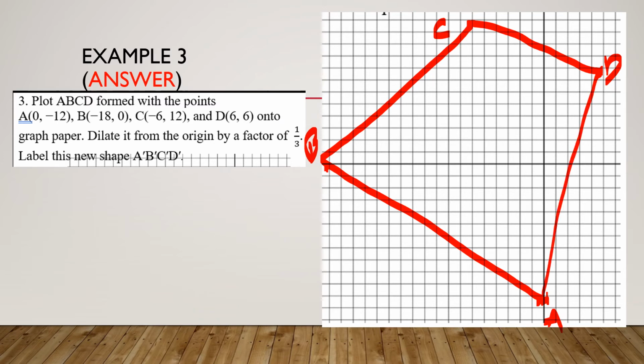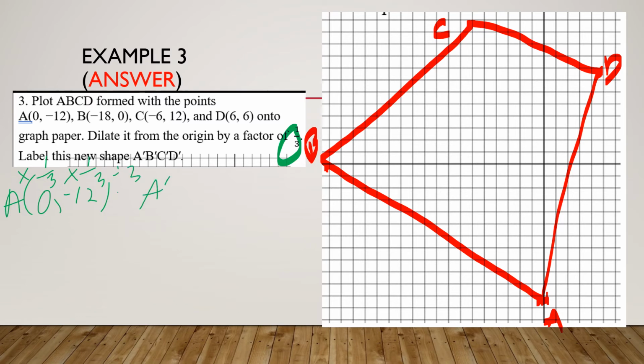All right. And this time we are dilating by a factor of 1/3. So we know it's going to be between 0 and 1, it's going to shrink or get smaller. So now we're going to take A, which is 0, negative 12. We're multiplying by 1/3, but remember, multiplying by 1/3 is the same as dividing by 3.